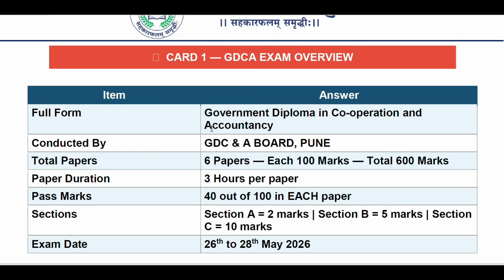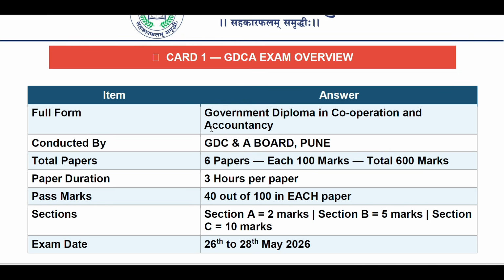Card 1, just to understand, GDCA exam overview, full form of the exam. Many students don't know the exact full form for GDCA. It is Government Diploma in Cooperation and Accountancy, conducted by the GDCA Board Pune. Total papers, 6 papers, each 100 marks, so total marks 600. Duration for each paper, 3 hours. Passing criteria, 40 out of 100 in each paper, for those students who are appearing for their examination for the first time.